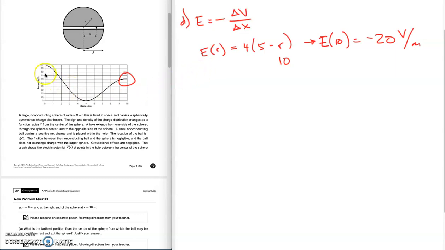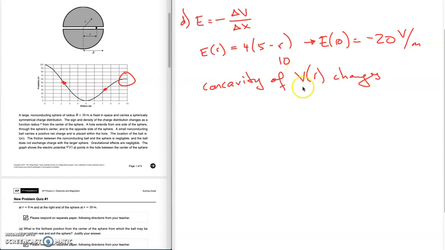Another thing is that the concavity of our electric potential function changes. At about here, it goes from being concave down to concave up, and then somewhere over here, it goes back to being concave down. So the concavity of V changes.